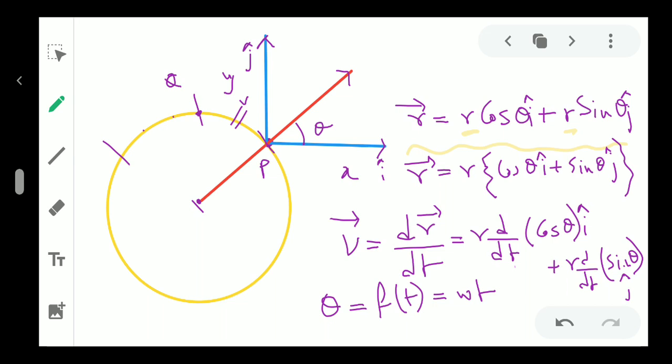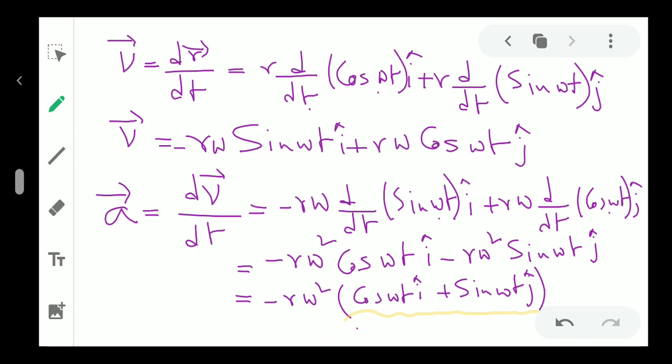Any vector can be represented as the value of that vector and the direction of that vector. So if r represents the value, the term cos theta i cap plus sin theta j cap represents r cap, the direction of that vector. So instead I can write minus r omega square r cap.